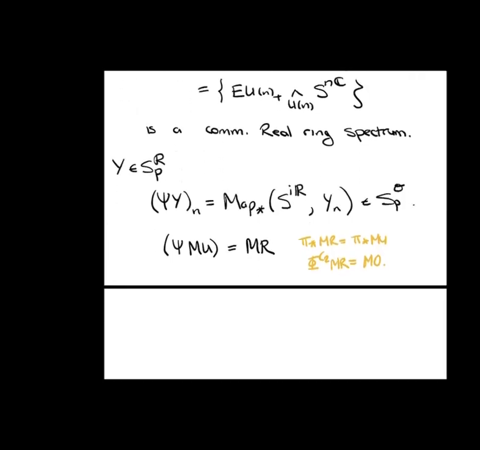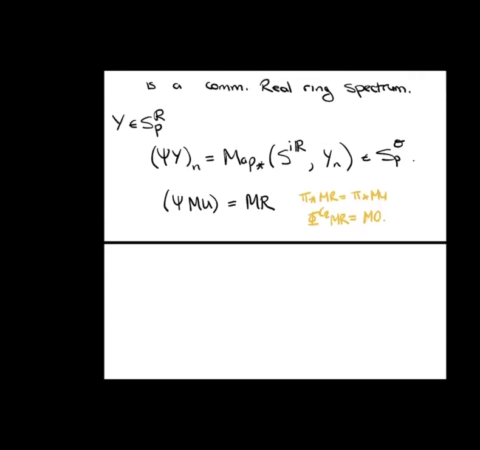And what you end up getting is the following. This phi turns out to be a functor. This is all functorial, so we can relate orthogonal spectra and these real spectra.